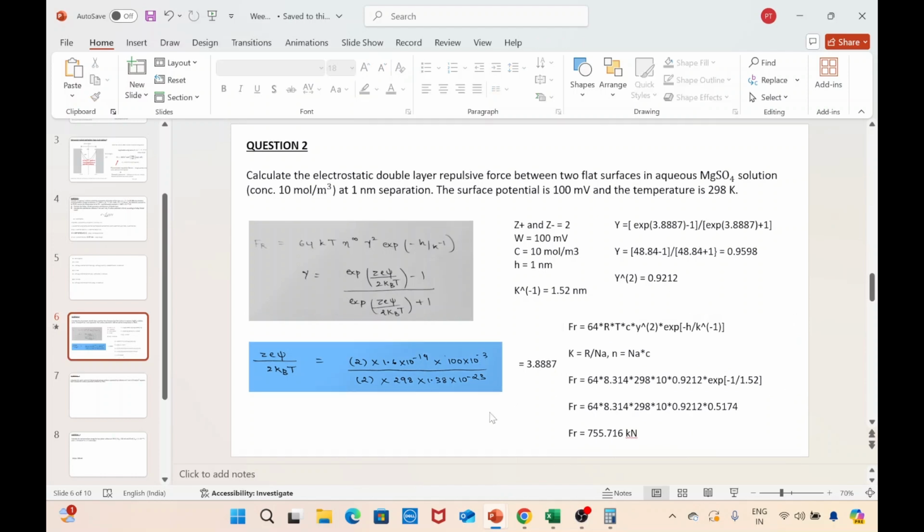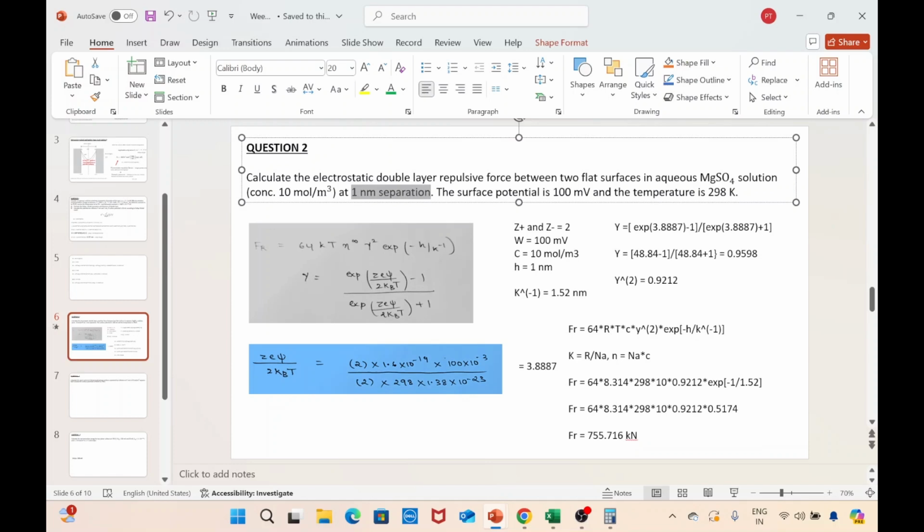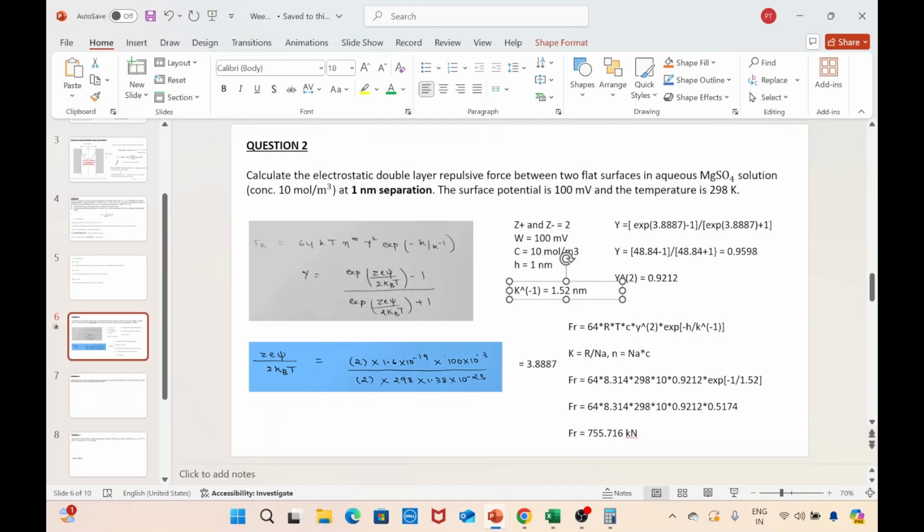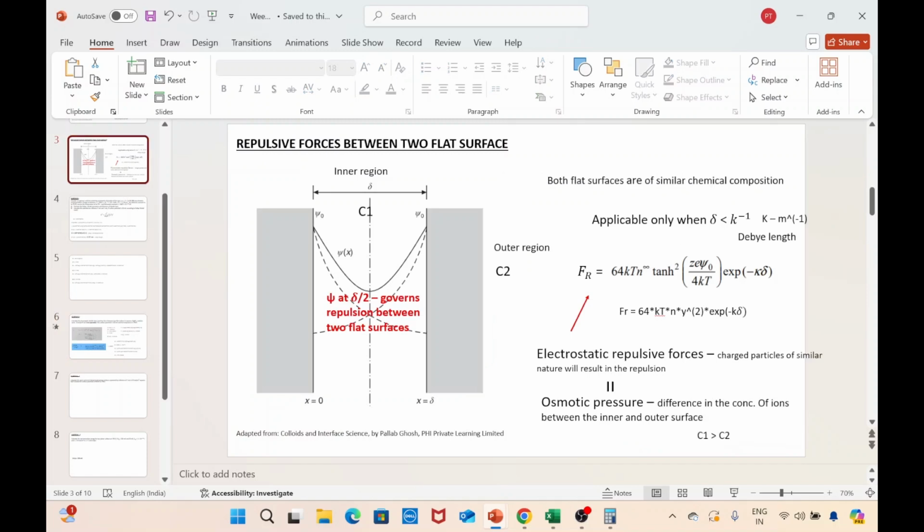So this is how you calculate the electrostatic double layer repulsive forces between two flat surfaces. And if you see here, the distance of separation that we have taken here is 1 nanometer, which is lesser than your Debye length. So if you remember this expression, it's applicable only when this separation distance delta or h is less than k inverse.